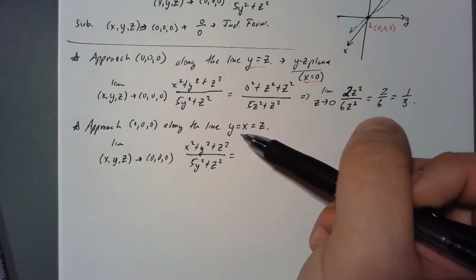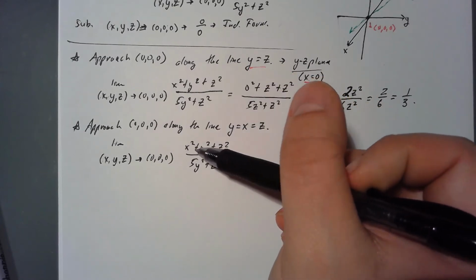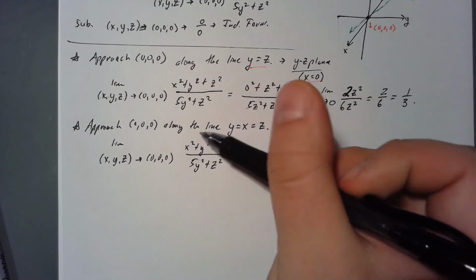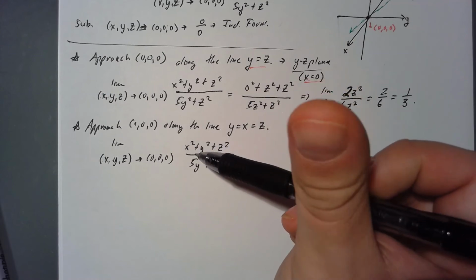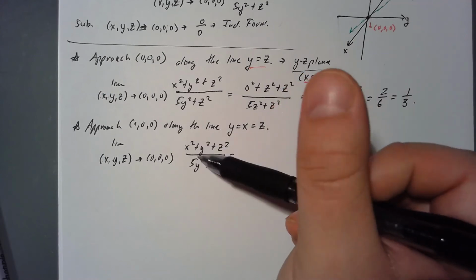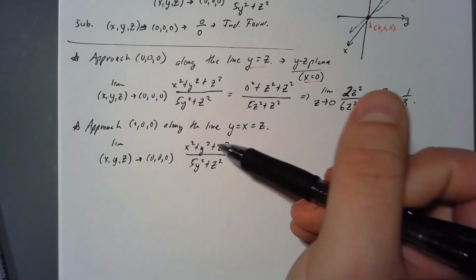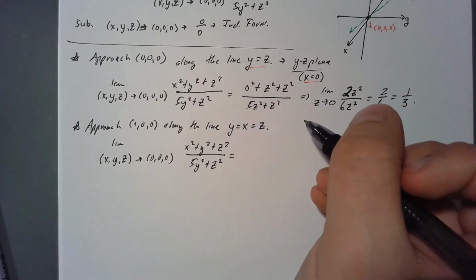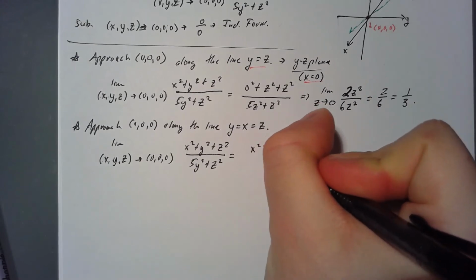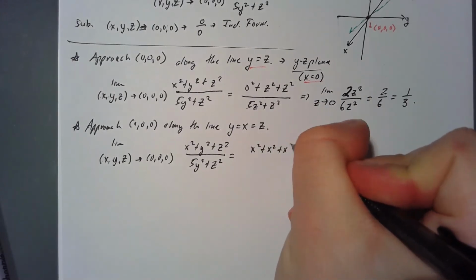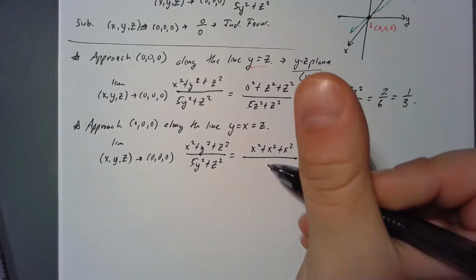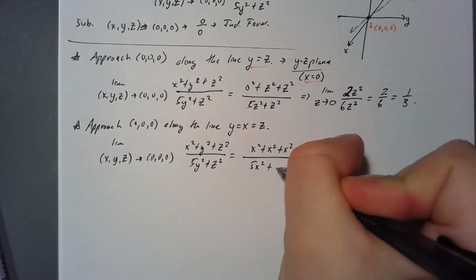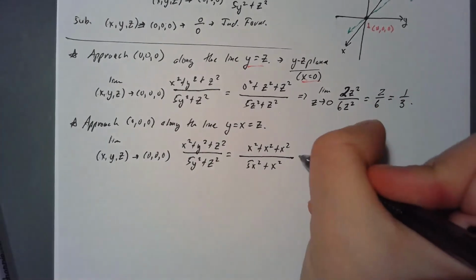I'm going to let y equal x, so this will be x squared, and z is going to be equal to x as well. It doesn't matter what variable you have here. They're all equal to each other, so I'm just going to keep it as x. So I'll have x squared plus x squared plus x squared all over 5x squared plus x squared.